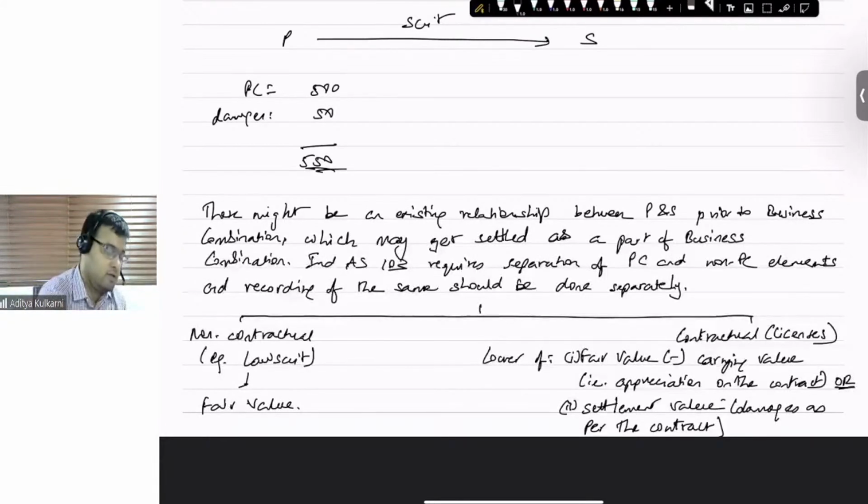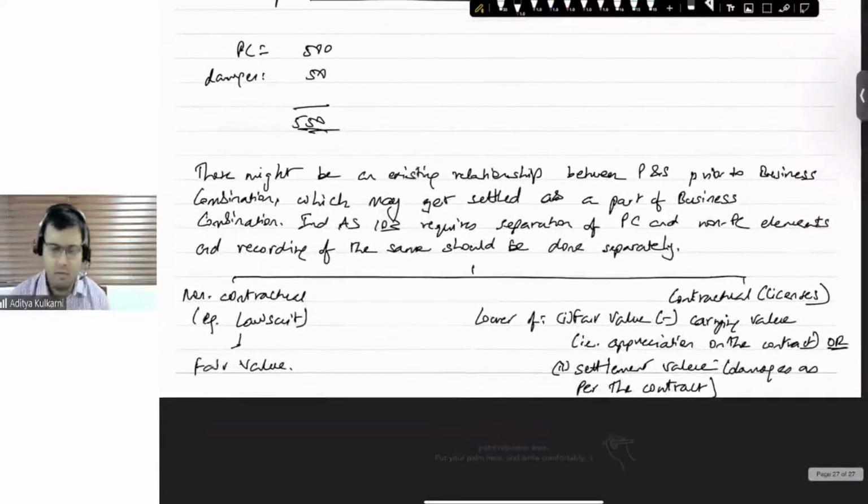So there is nothing much to discuss. It's fairly simple. It's largely theoretical in nature. These are just some points which are there in the standard and in your problems.